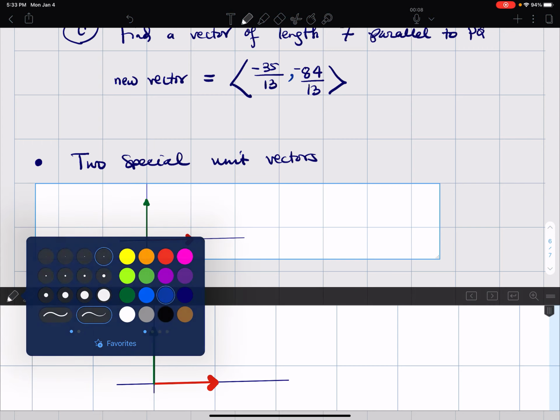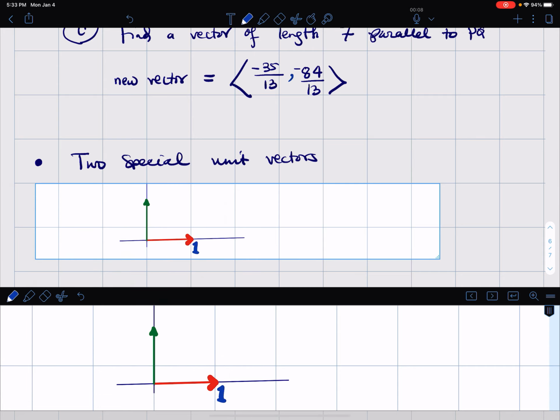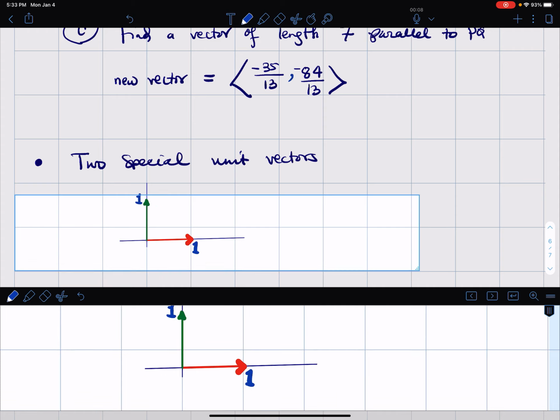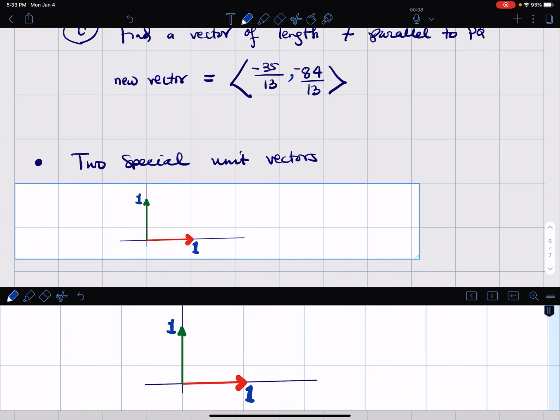So the x coordinate here is 1, and the y coordinate here is 1, right? So the point here is (1, 0), and this point here is (0, 1).